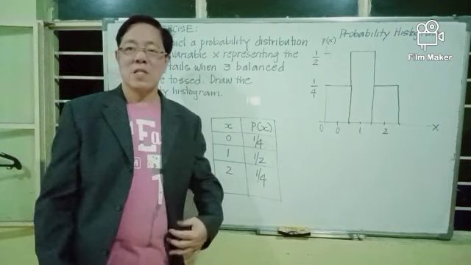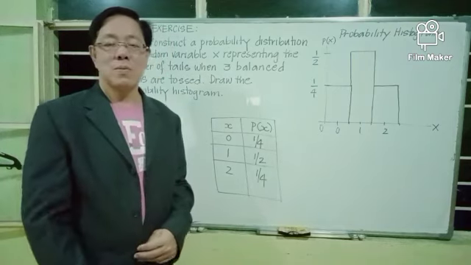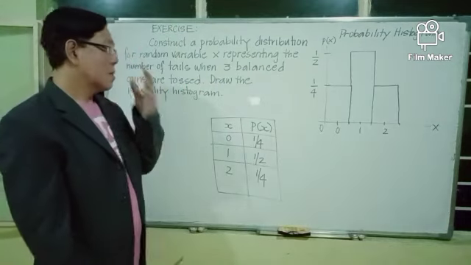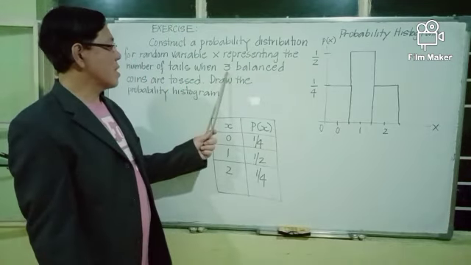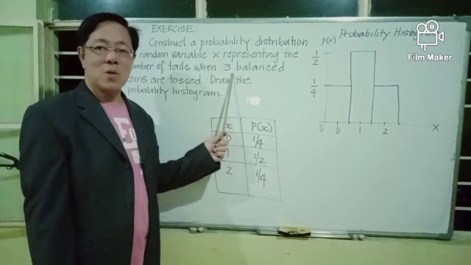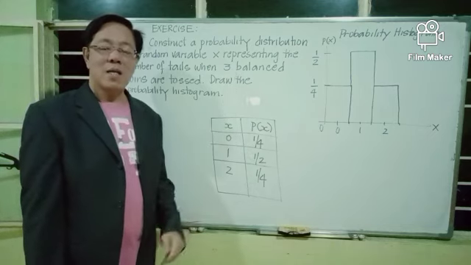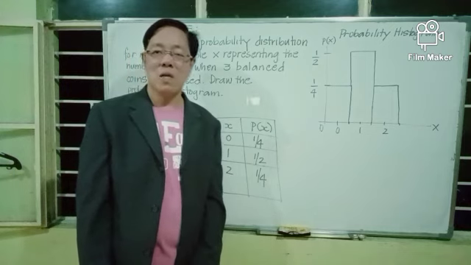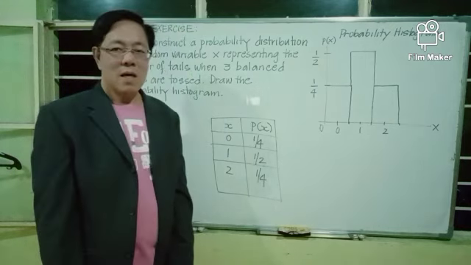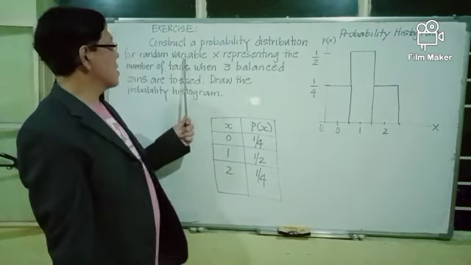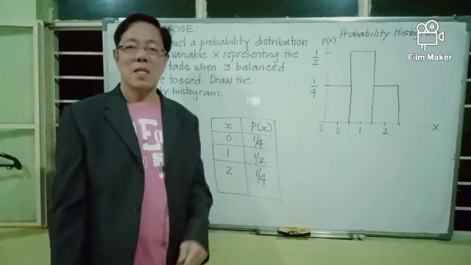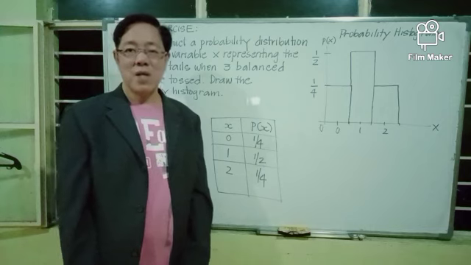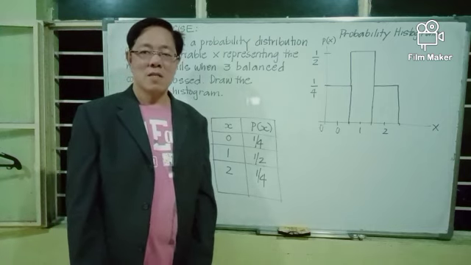Again, the first step is to list down all the possible events for this experiment of tossing 3 balanced coins at the same time and noting the number of tails for each possible outcome, and that would be the value of the random variable x representing the number of tails, and calculate the corresponding probability for each value of x.